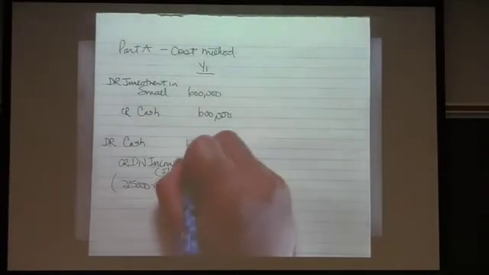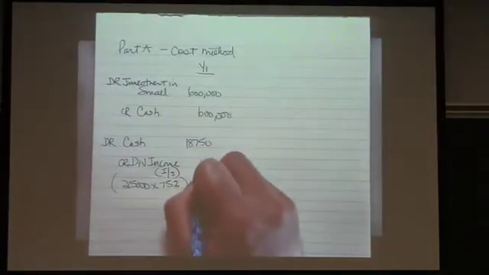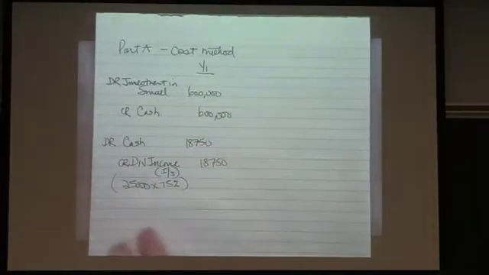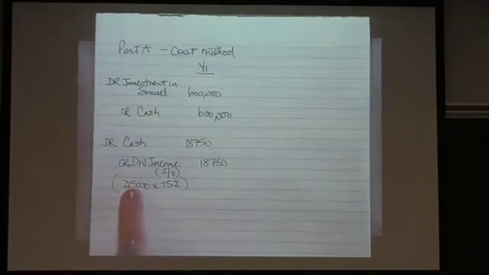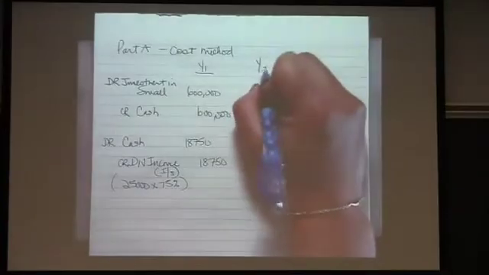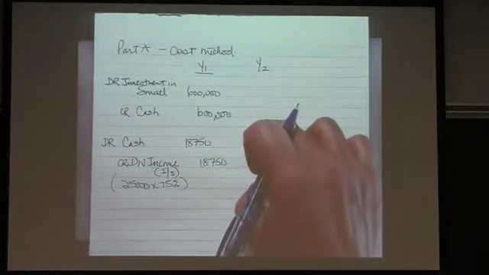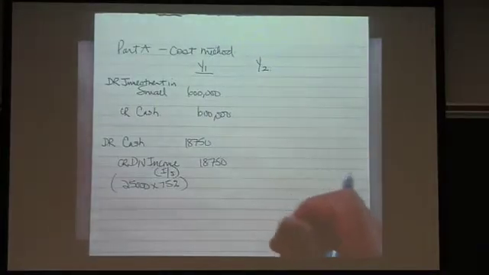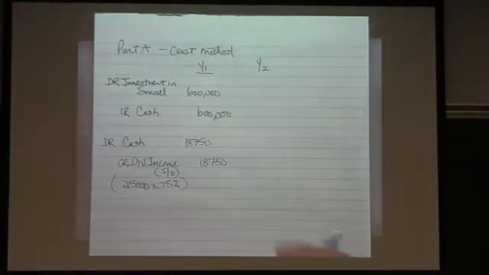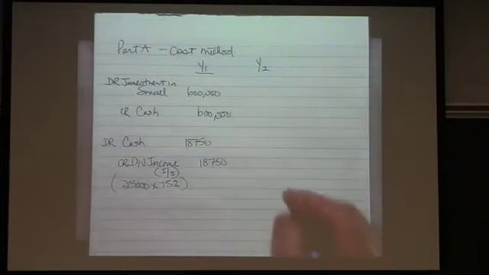That would be 18,750. It's also good to show your calculation right underneath the journal entry. I think it's important to show how you came up with 18,750. Now, the second year, they also declared another dividend, and this time they declared $10,000 according to the question.